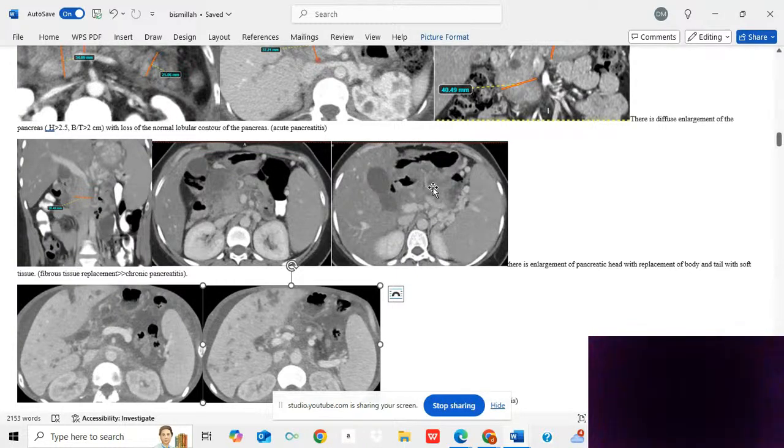This means that this patient has acute on top of chronic pancreatitis, as repeated inflammation of the pancreas led to deposition of inflammatory or fibrous tissue, and that's exactly what happened in this case.